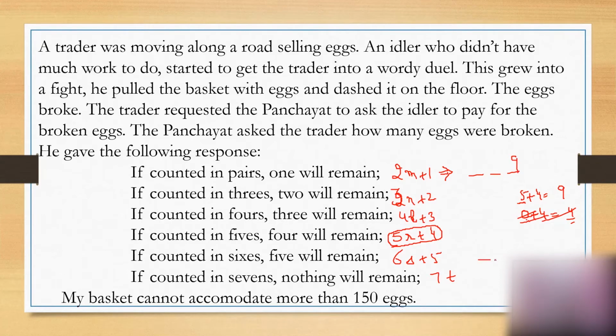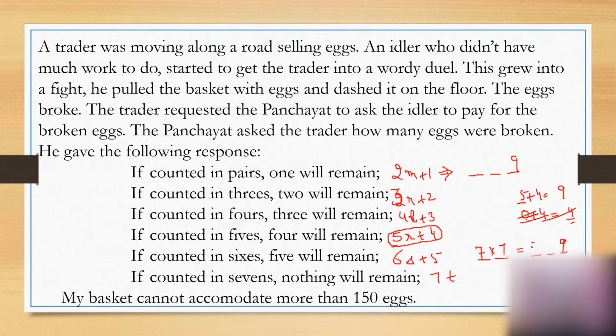Now you have to find numbers which you multiply by 7 so that the unit place digit becomes 7, and only then can we get it as 9.